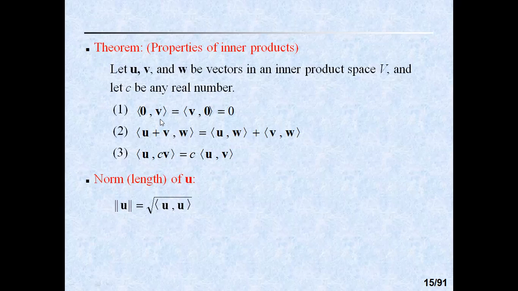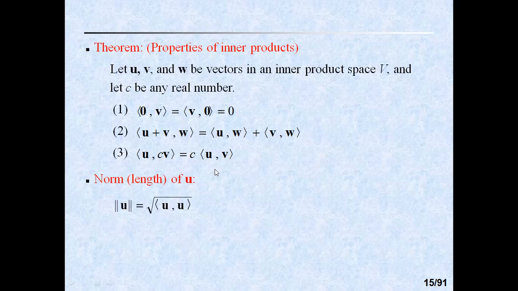The inner product of 0 comma V is equal to the inner product of V comma 0, and that will always be 0. Inner product of U plus V comma W is equal to inner product of U comma W plus inner product of V comma W. Inner product of U comma CV is equal to C into inner product of U comma V.